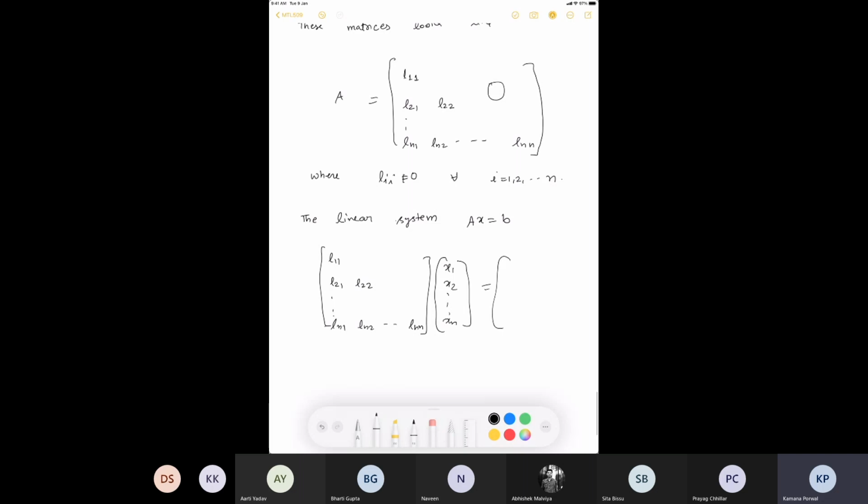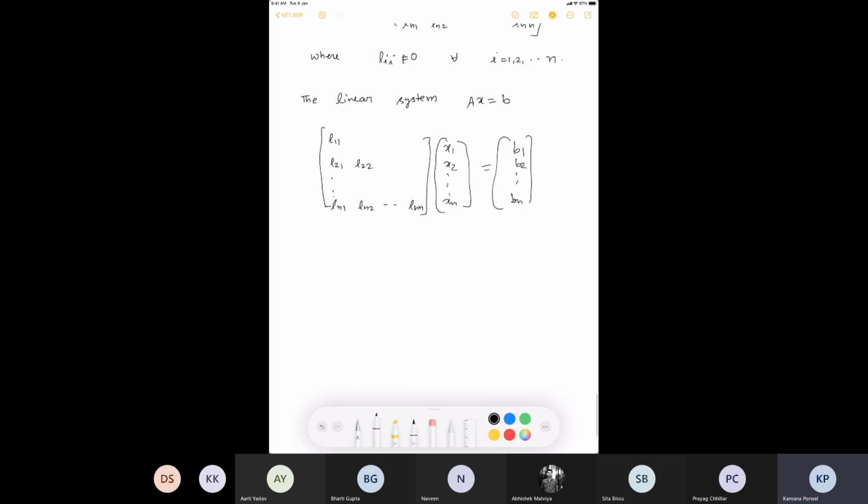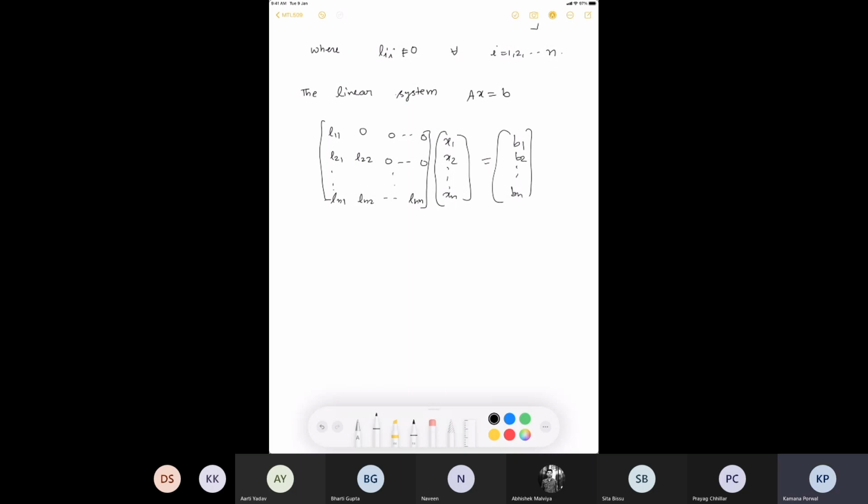This equals b1, b2 up to bn. So you can see that you can easily solve it, like we can do it in case of the upper triangular matrix. So you start solving from the first equation. So we solve for x1 using the first equation. Then we use that x1 to solve for x2 from the second equation. And we continue this process up to we solve for the xn, right?